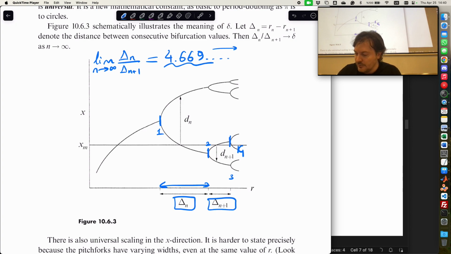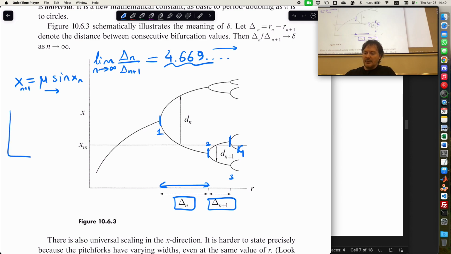is to look at this map, okay, and change mu. So you will see the same kind of bifurcations while you change mu. Of course, the values of those bifurcations will be at different points.